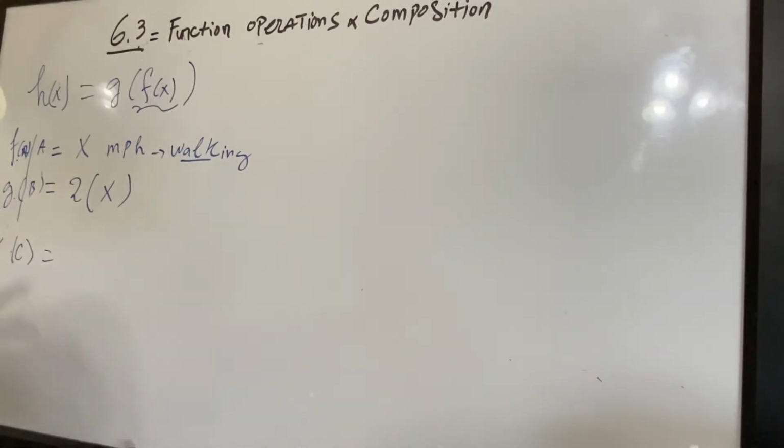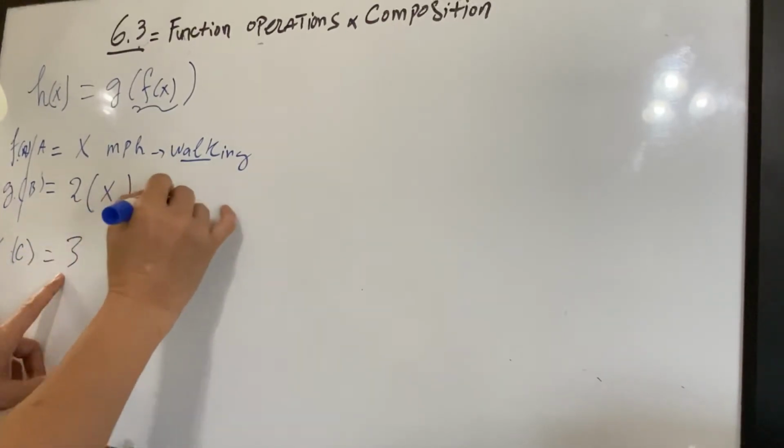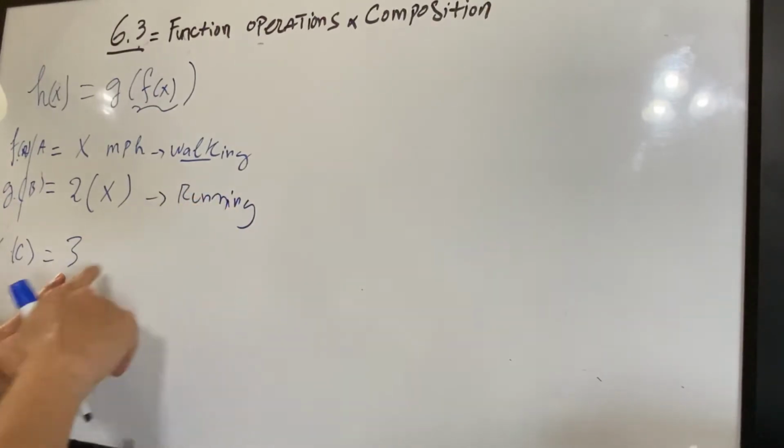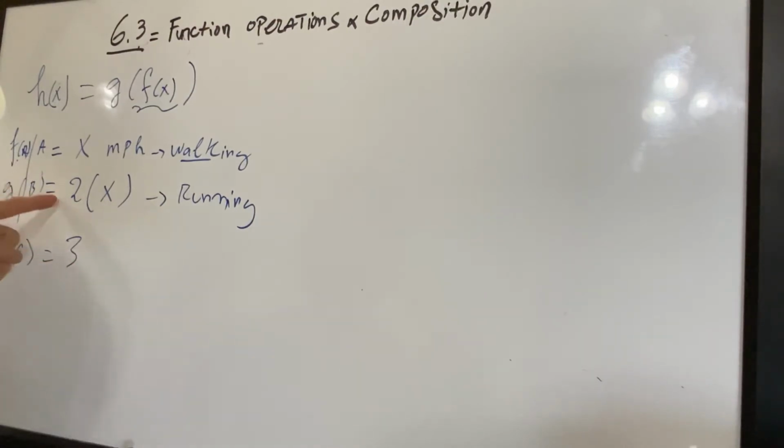Student C rides his or her bike with the speed of 3 times the speed of student B running. How do you write the function for student C?